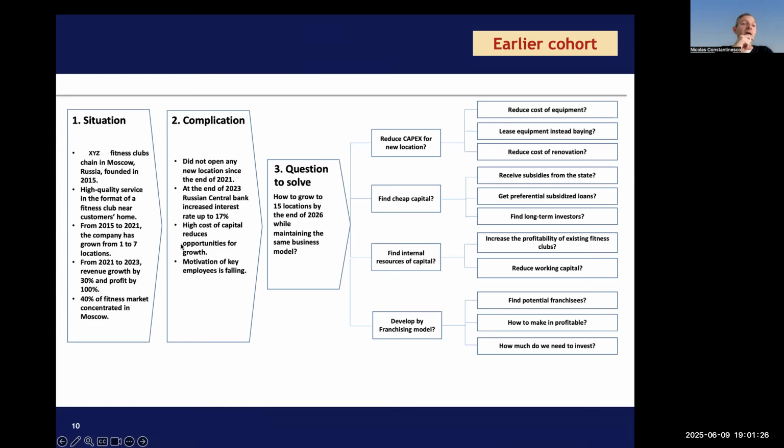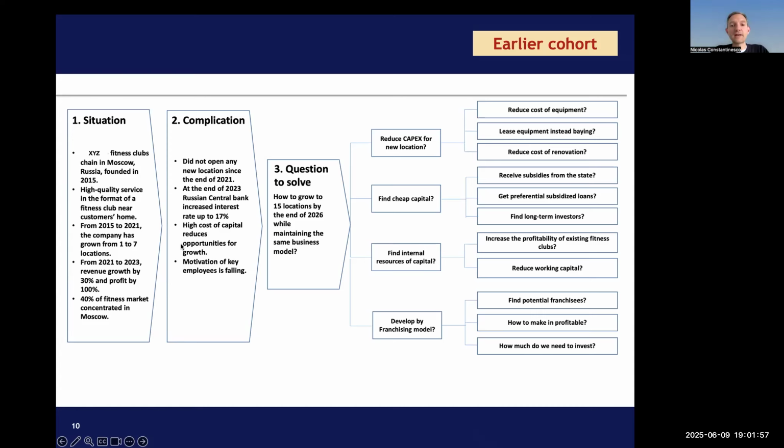No, not much. We know only about high quality service and that it's near home. Exactly. But then again, if you think about a fitness club, without knowing, you probably just make an assumption and take the most common business model. But indeed, these are some things that might need to be checked. Okay.